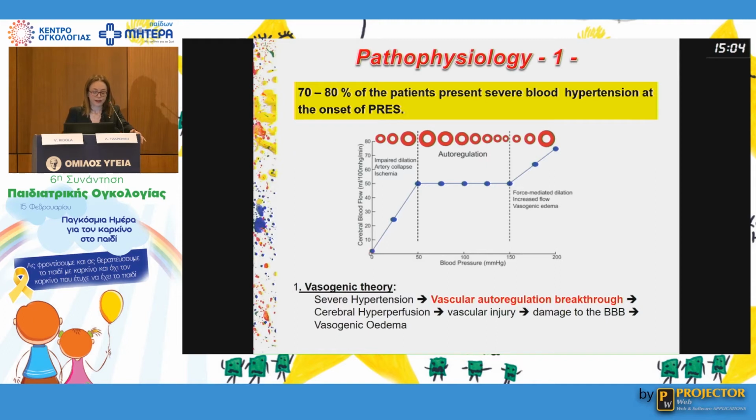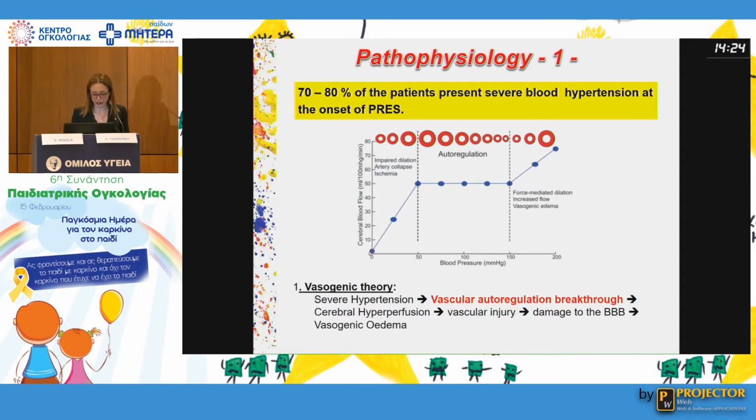Severe hypertension leads to the vascular autoregulation breakthrough. We have to remember that the blood vessels in the brain have an autoregulation mechanism which allows to keep the cerebral blood flow stable even in the presence of increasing values of blood pressure. When the blood pressure increases, the vessel makes a vasoconstriction, and it keeps the blood flow stable.